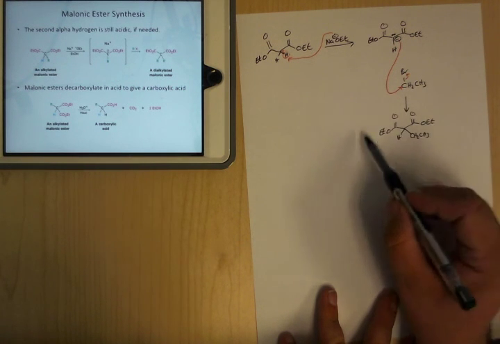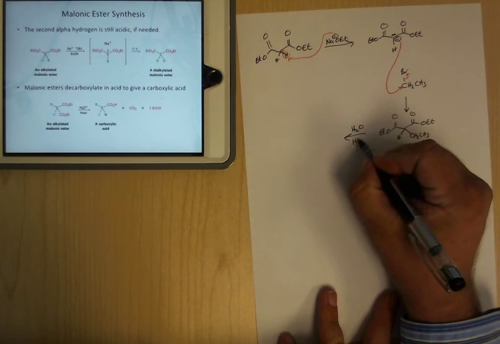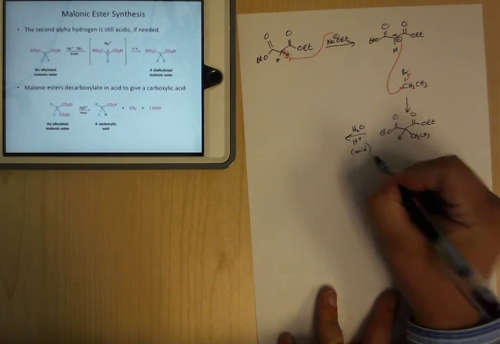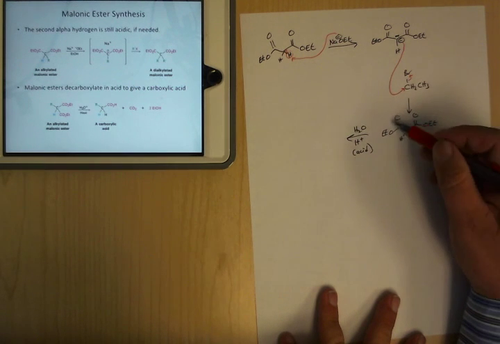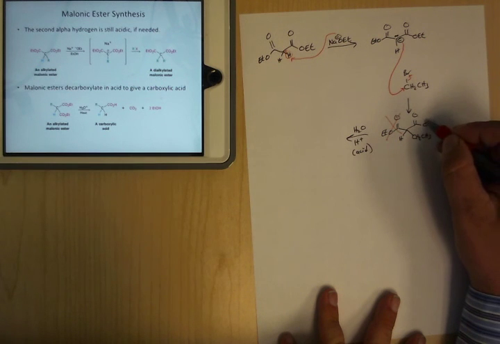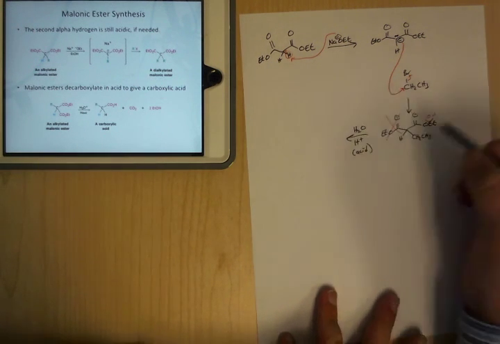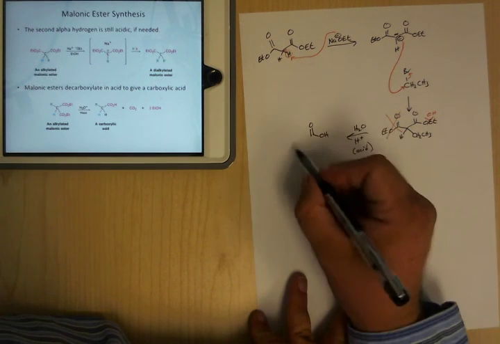When you're done with this, if you hit this with water and acid, what'll actually happen is the molecule itself will decarboxylate, so one of these esters will go away. And not only that, you will also get a reaction here and turn that into an OH. And so what you would end up getting is this.